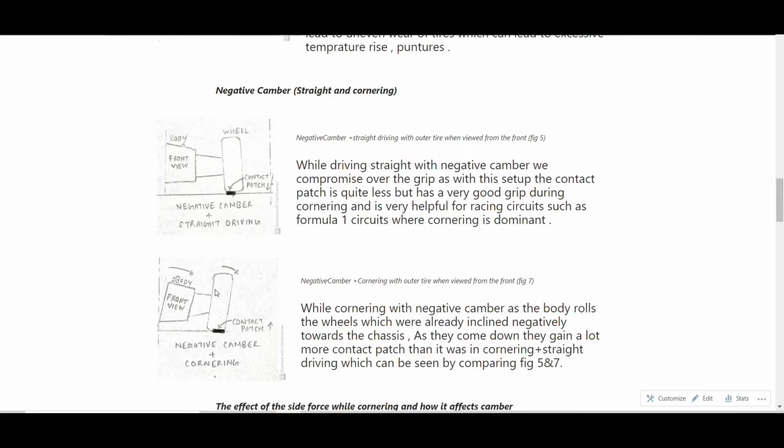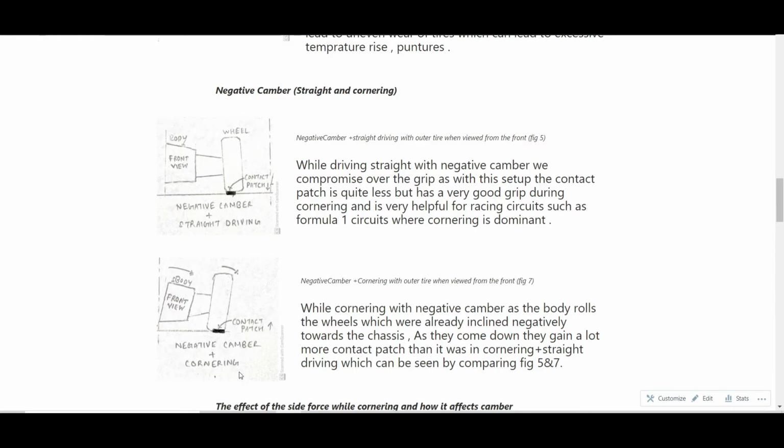Because of the tilt towards the right, this angled wheel which is towards the vehicle will again try to move towards the right, which will now act as somewhat of a straight wheel. Because of acting as a straight wheel, there will be more contact patch at the bottom because of the body roll taking place, which will improve the traction of the vehicle.